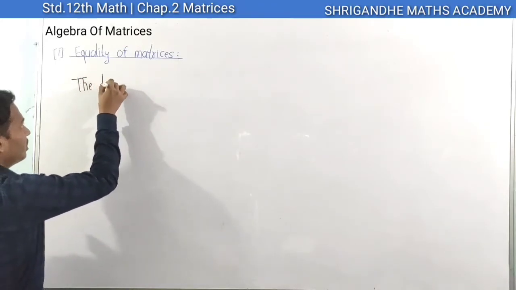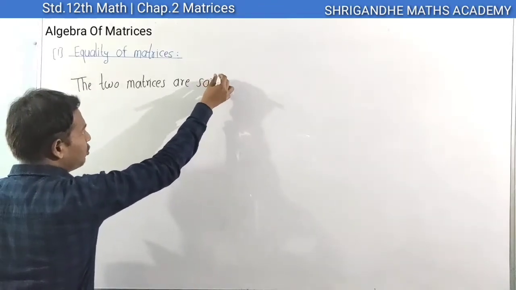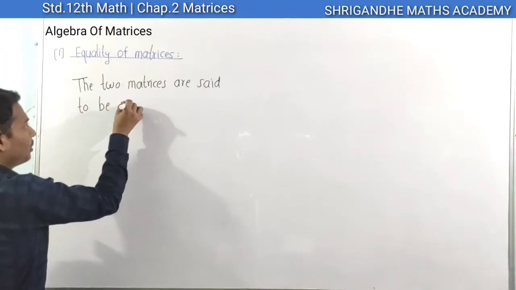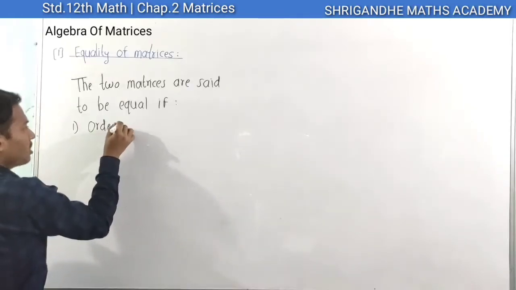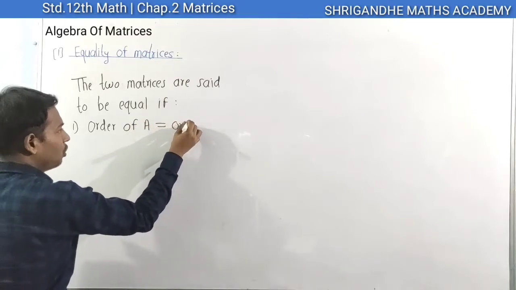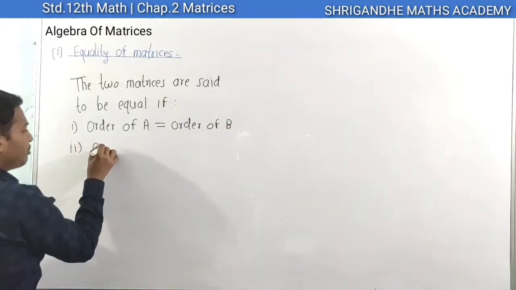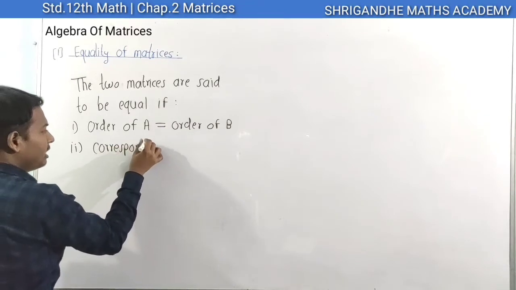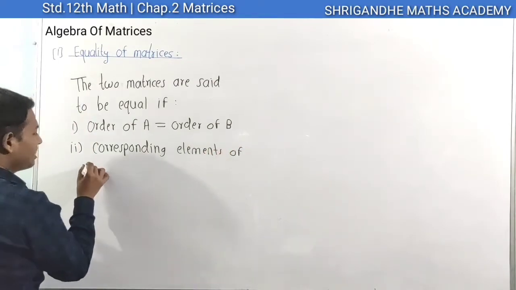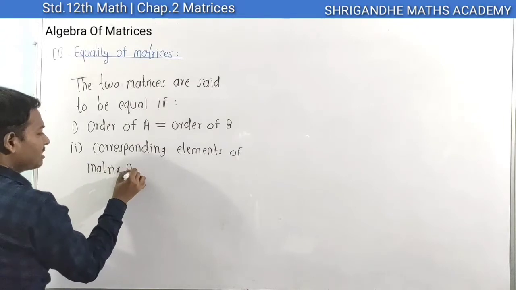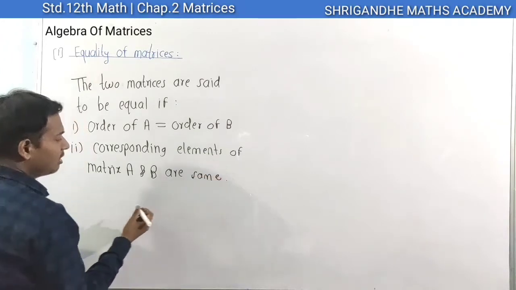The two matrices are said to be equal if, first, the order of A is equal to the order of B, and second, the corresponding elements of matrix A and B are the same.